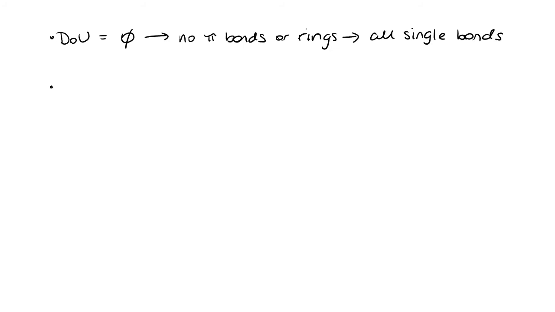Another thing to note is oxygen does not affect the degree of unsaturation. So you'll notice that oxygen is not incorporated into the degree of unsaturation formula. So anytime you're presented with a molecular formula with oxygen, you just ignore it in the calculation.